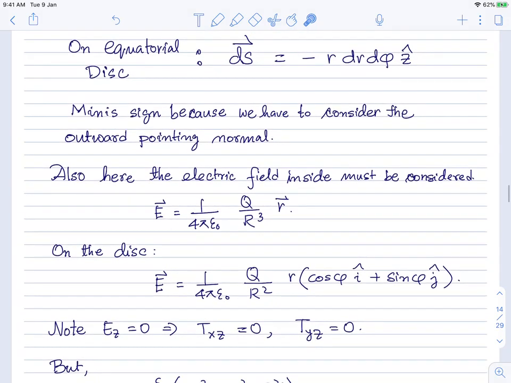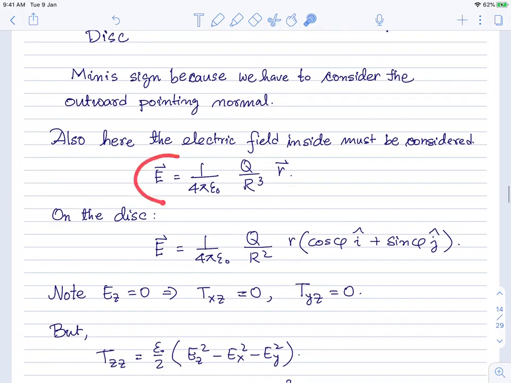Very good. Also, the electric field inside is equal to this expression. So this is the r vector, the full r vector, including the value of r. But we are interested to find it on the disk, where theta is equal to pi by 2. If theta is equal to pi by 2, the sine pi by 2 gives you 1, but the cos pi by 2 gives you 0.